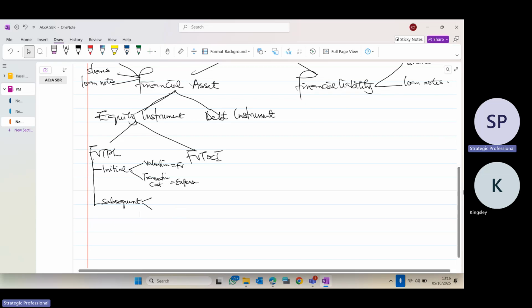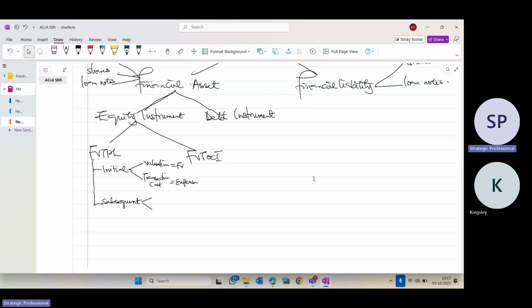How do we recognize an equity instrument? It's either we classify it as fair value through P or L or fair value through OCI. At initial, as at the point of making the equity instrument, the actual value shall be at fair value measurement, and every other incidental cost, we are going to expense. But the actual value will be at the fair value.